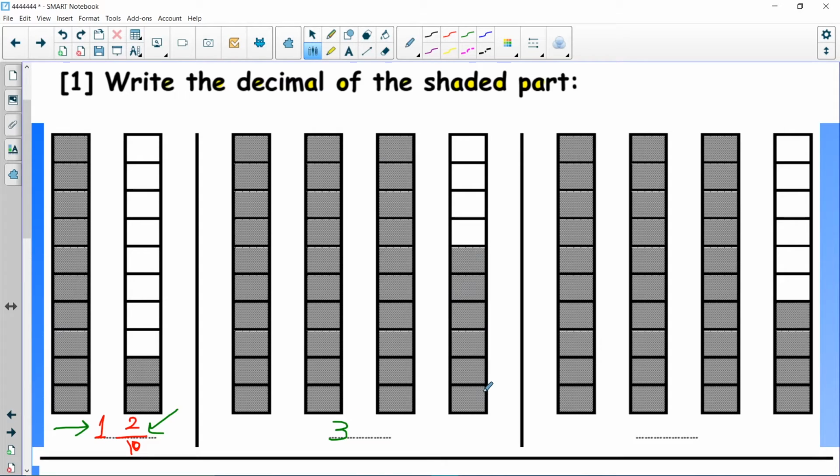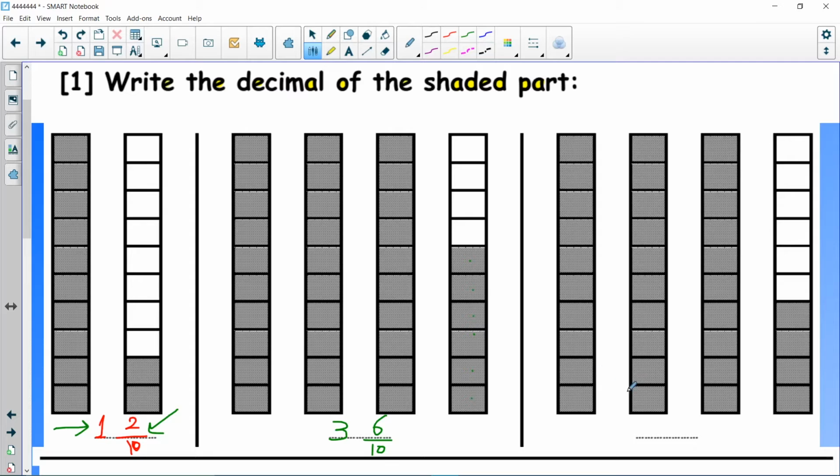We know that the decimal number is a part of a whole. We can write this decimal number in decimals or in fractions, but its denominator must be 1 and zeros. The decimal part is 1, 2, 3, 4, 5, 6: 6 over 10.